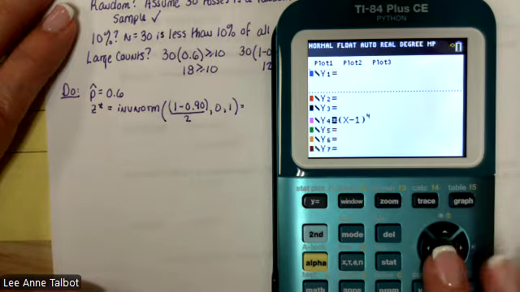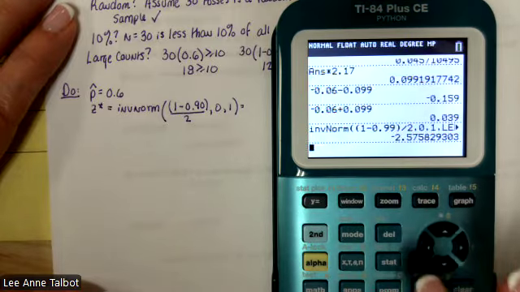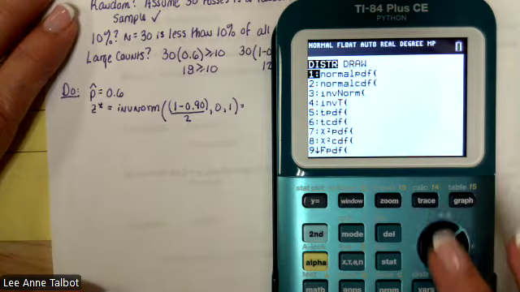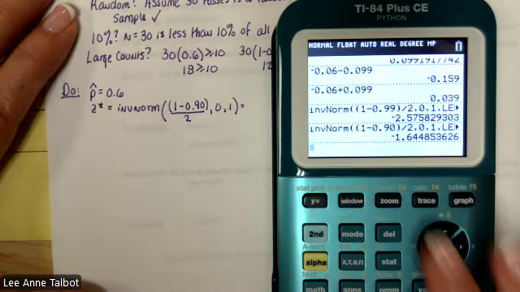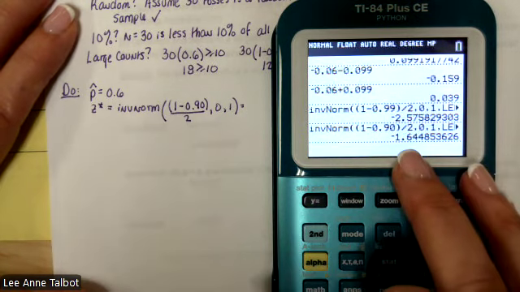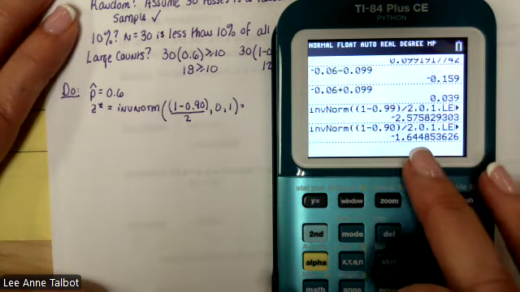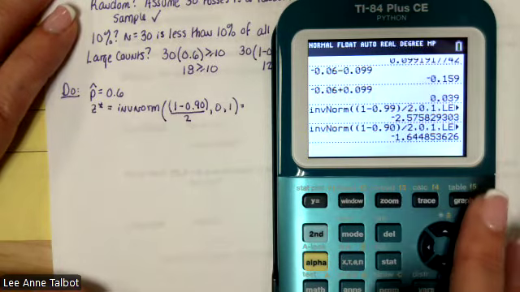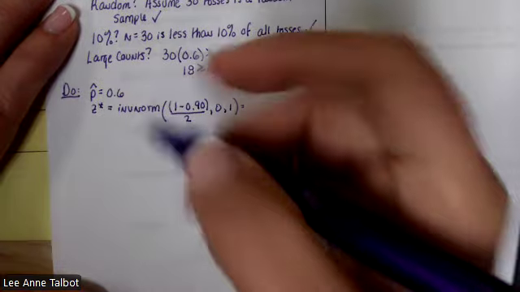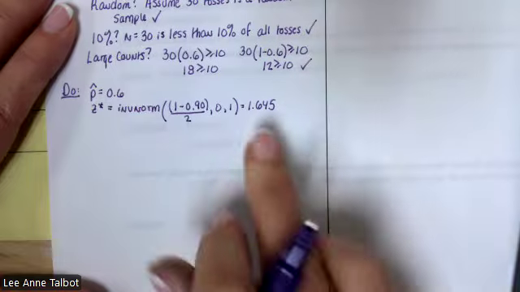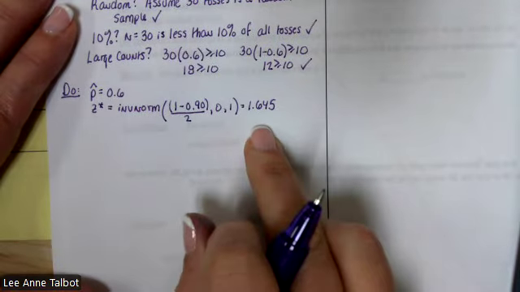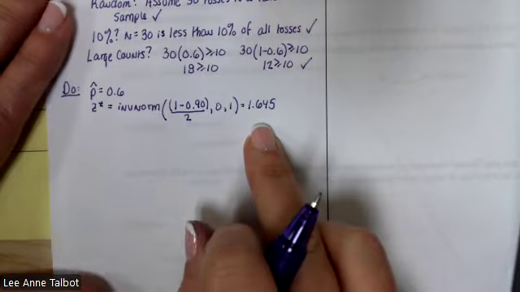Oh, I'm pasting that into Y1. That's not going to be helpful. Okay, and remember, it's absolute value, so 1.645. And as soon as this comes up, you'll be like, oh yeah, it's 1.645. I think this is the second most common one after 95%.